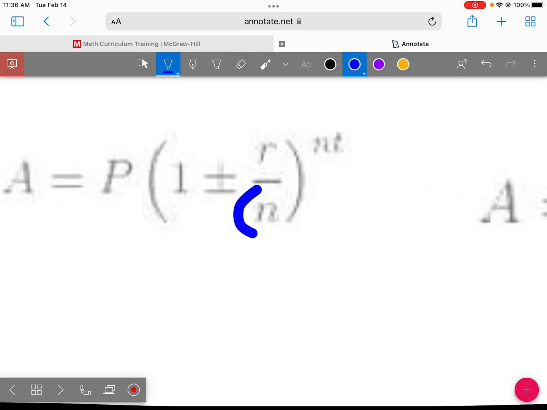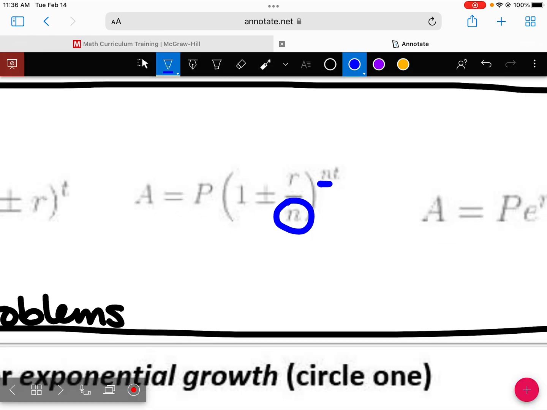How would you know when to use the one that has the N's in it? If it has annually, if it has monthly, weekly.